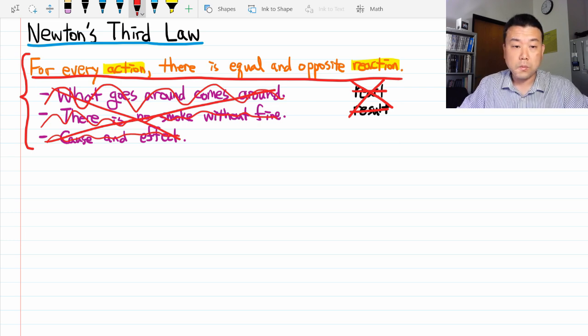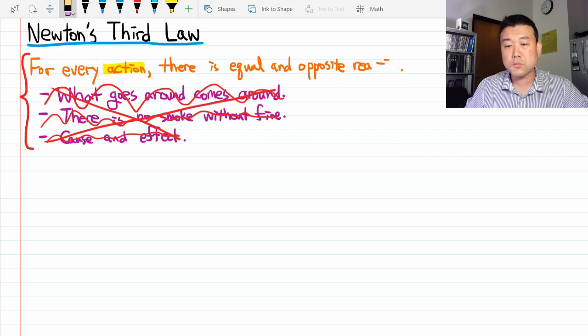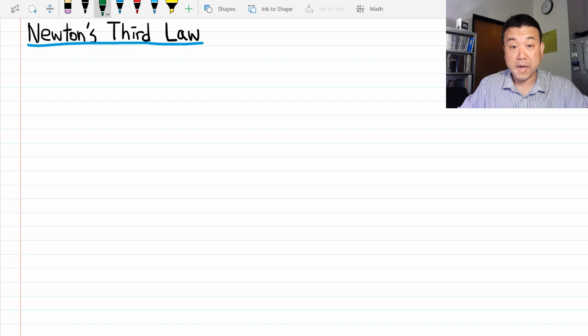So what I would like to do first is do away with this phrasing that causes more confusion than help. Let me state the mechanics of Newton's third law in a way that it won't be confused for other things.